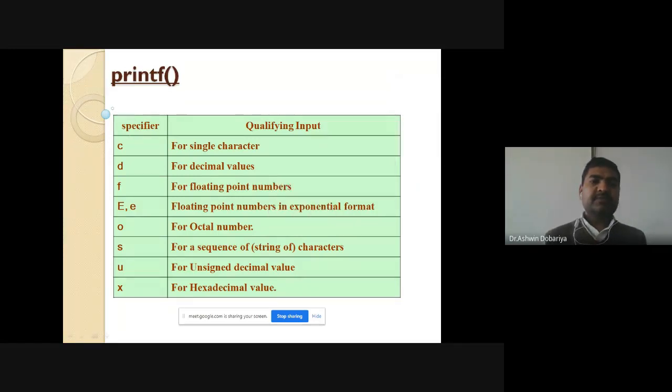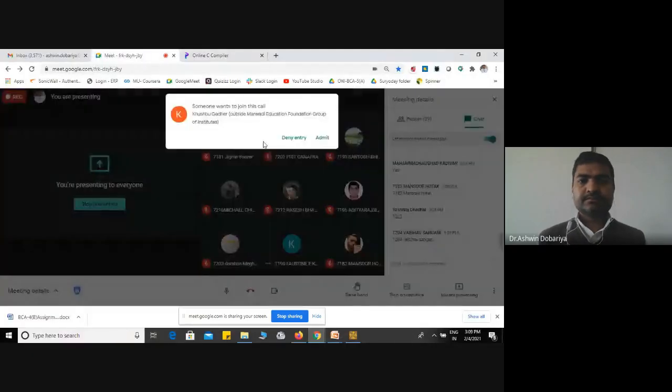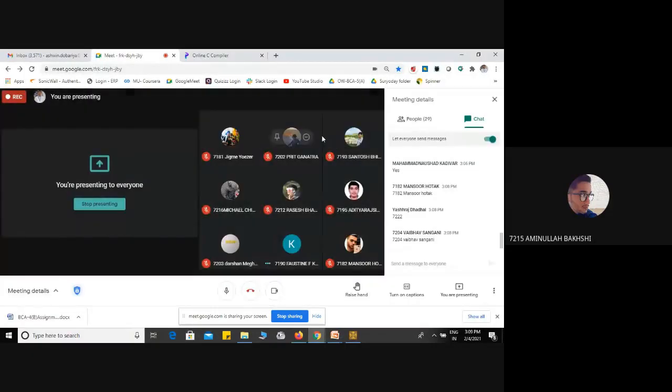All format specifiers are used with the percentage symbol, right? And if you want to display character variables, which format specifier is used? Which format specifier will we use? Percentage c, sir.